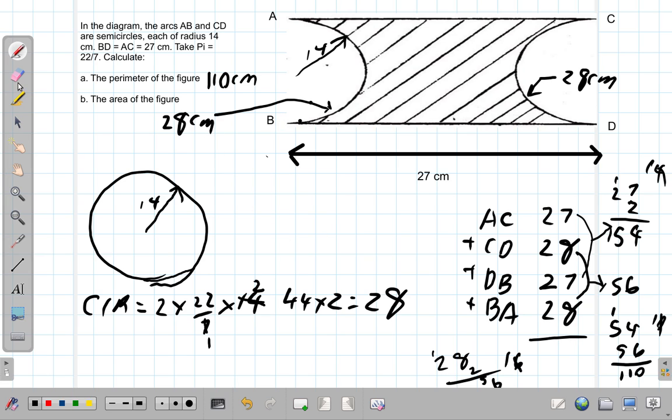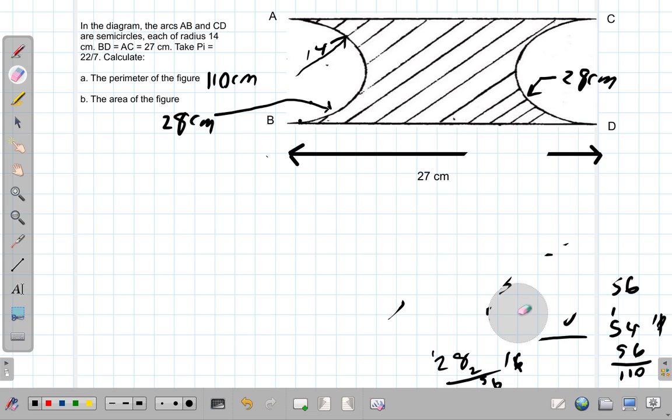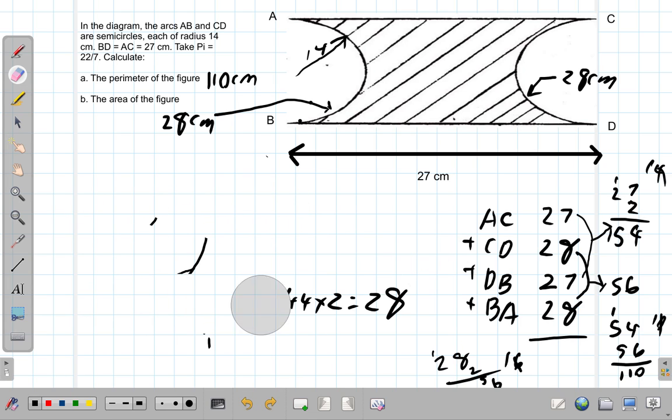Alright. Now, let us get rid of some of these workings to make space for the next part of the question. Oh no, I erased part of my line. I didn't want to erase the line.